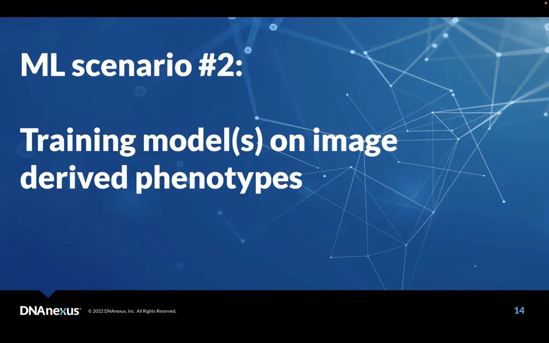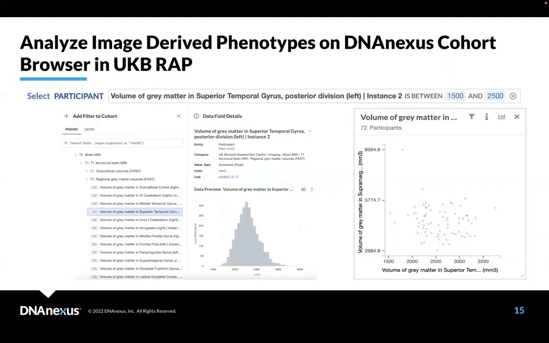The second machine learning scenario will be about training models on image-derived phenotypes. In this scenario, we are analyzing image-derived phenotypes on the DNA Nexus Cohort Browser. UKB imaging data were already preprocessed by specific neuroimaging pipelines, and this data was ingested into the form of a database.